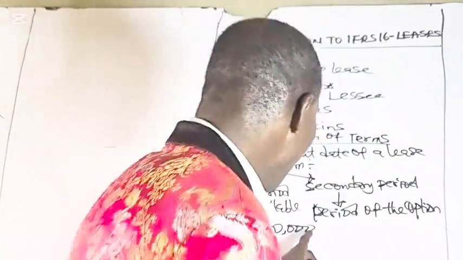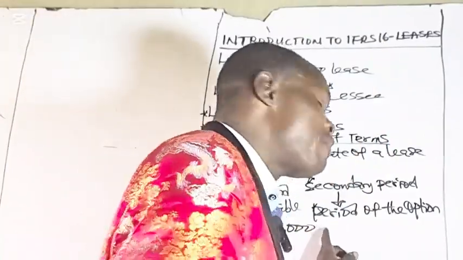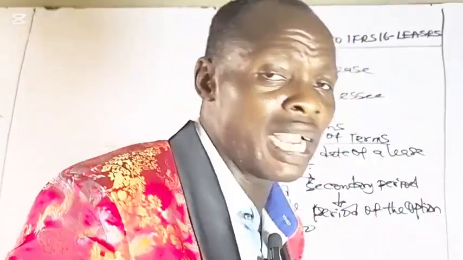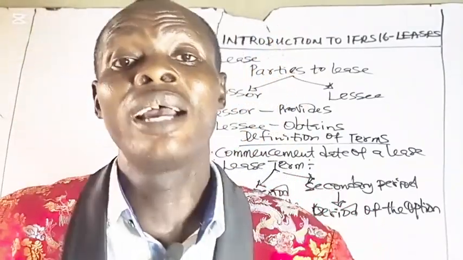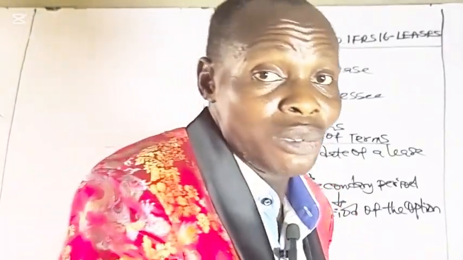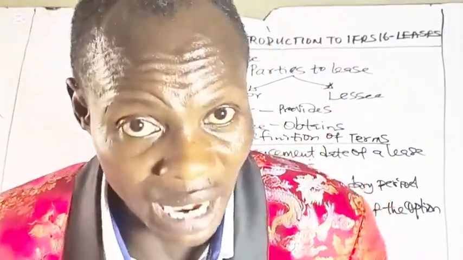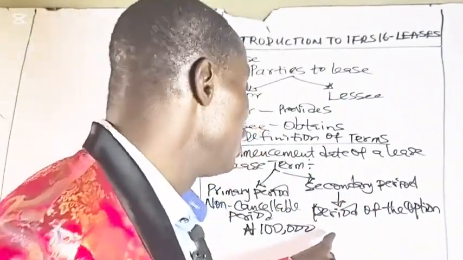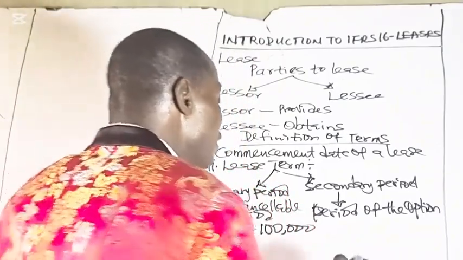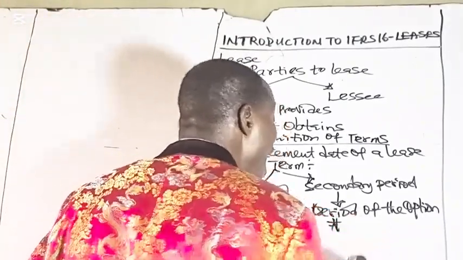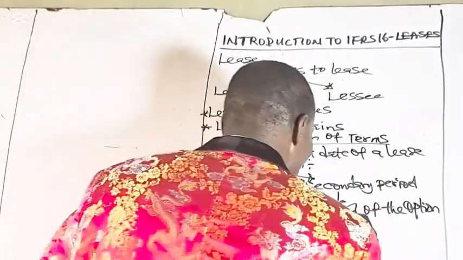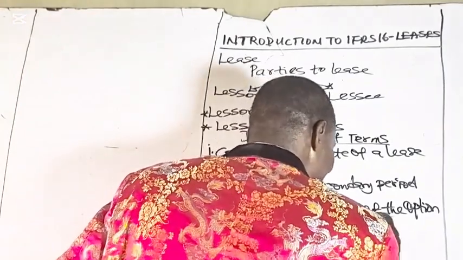So after the end of the first 5 years, you can decide whether to continue living in the house, or you may decide to move away from the house. Let's assume after the end of the 5 years, the landlord says, okay, for any subsequent year you should be paying 5,000.